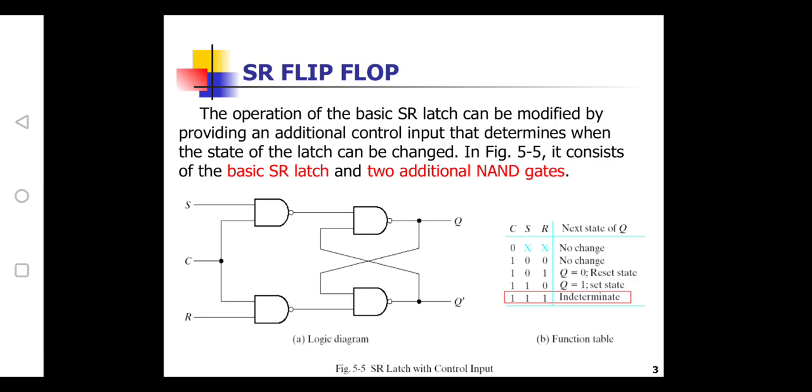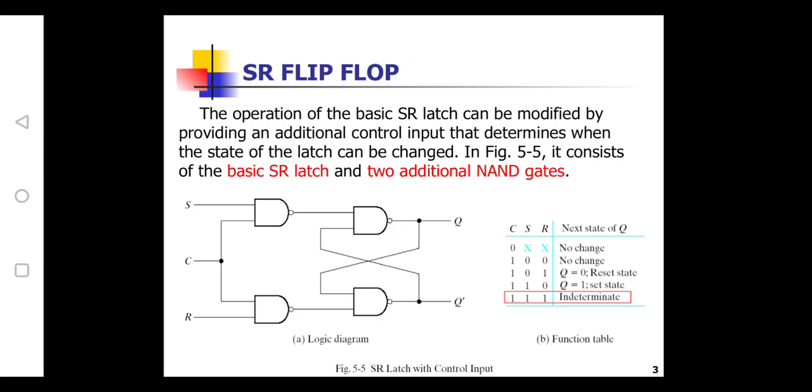When both S and R inputs are 0, 0 and clock is equivalent to 1, the output of the first gate and the output of the second gate are equivalent to 1, 1. Let me assume that the previous output Q is equivalent to 0. So for the fourth gate, the output Q is 0 and R is 1, so Q bar is equivalent to 1. If Q bar is 1 and S is 1, Q is 0.